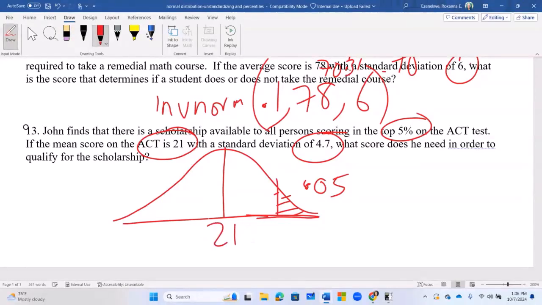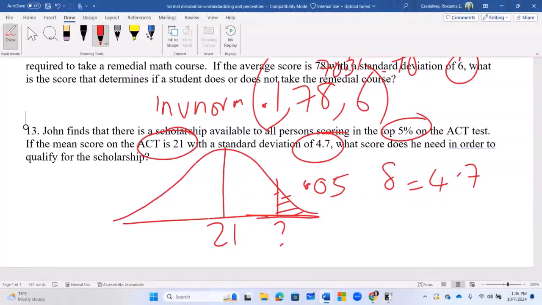So the mean is 21, the standard deviation is 4.7. And then I'm looking for the value, the score that John can get to get a scholarship.